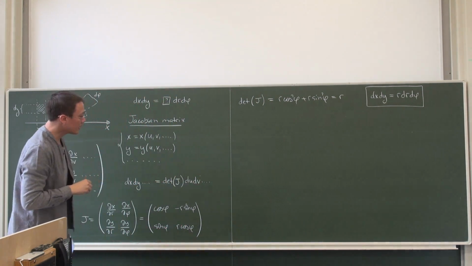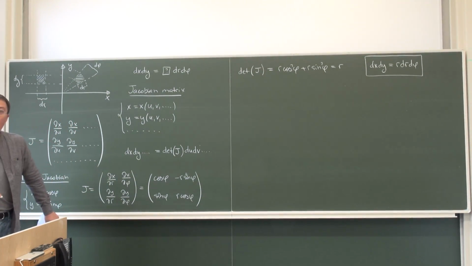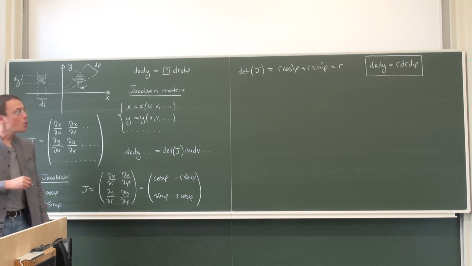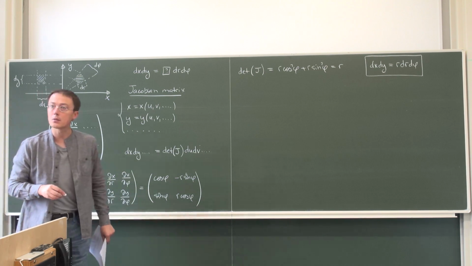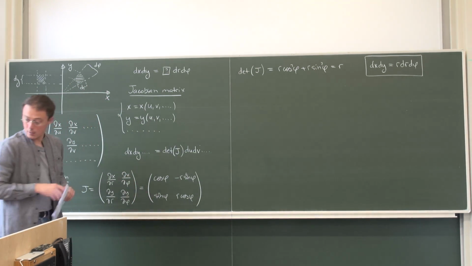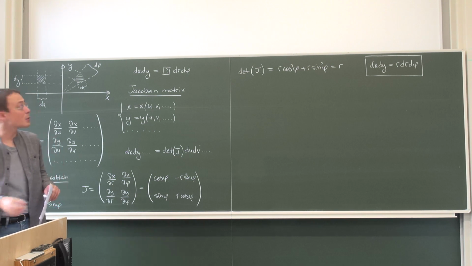Let's go through an example of a function that is clearly too horrible to be integrated in Cartesian coordinates, which we will need to translate into polar coordinates using that relation over there. Incidentally, I've solved our squishy board problem as well.